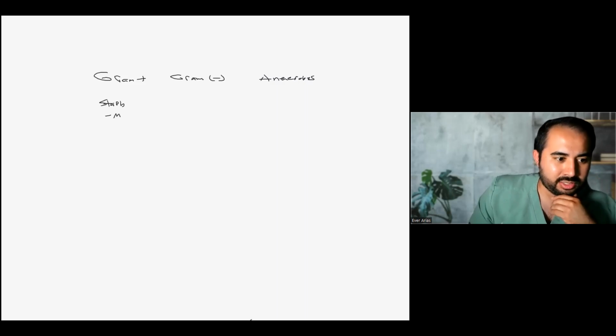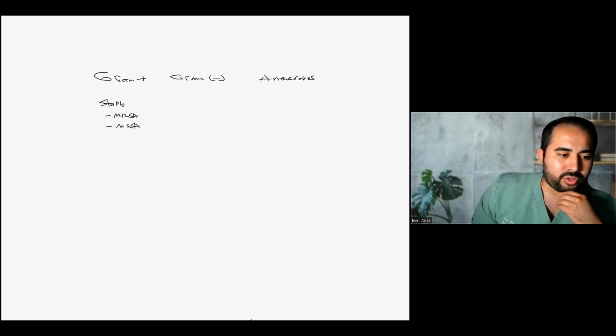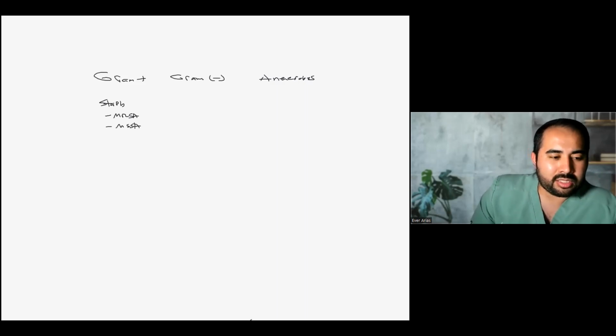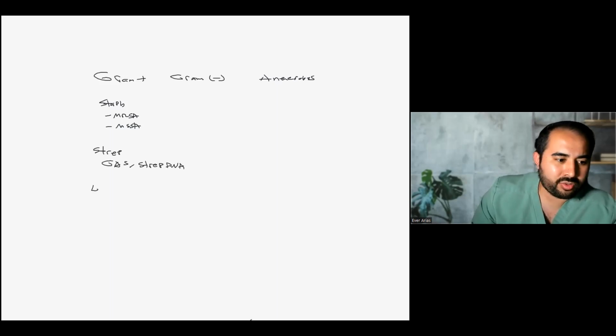You have MRSA, you have MSSA. For those who don't remember, it's methicillin-resistant Staph aureus and methicillin-susceptible Staph aureus. So MRSA, meaning you have to treat it with something like Vanc, right? And then you also have strep: group A strep, strep pneumonia, and then you have Enterococcus, which is its own thing.